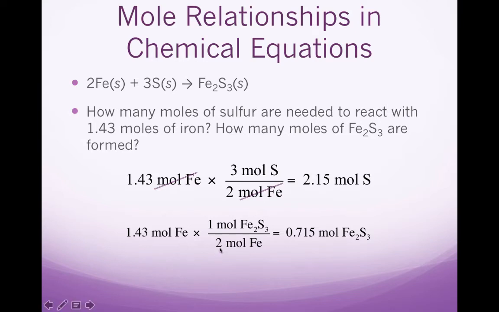I know that for every 2 moles of iron, there's 1 mole of iron 3 sulfide. I get that from the balanced chemical equation. My units cancel, and I get 0.715 moles of iron 3 sulfide. So again, you just use these as conversion factors. And you can compare reactants to reactants, reactants to products, and products to products this way.